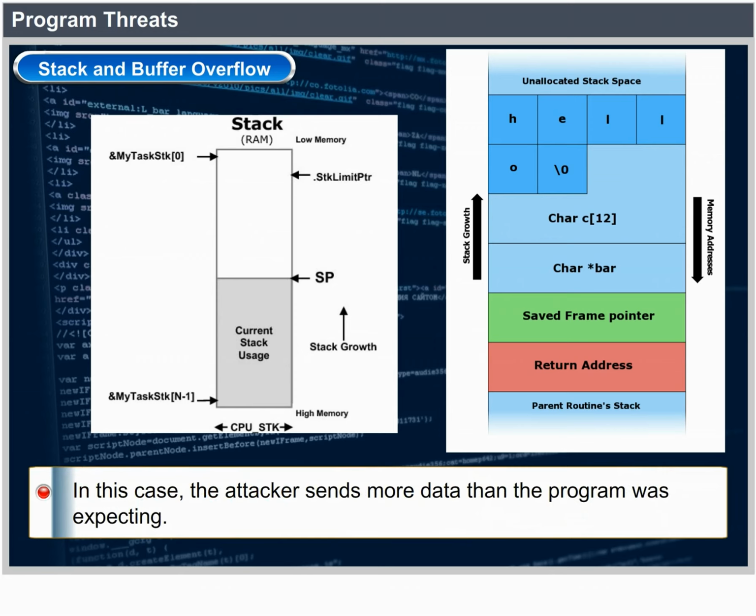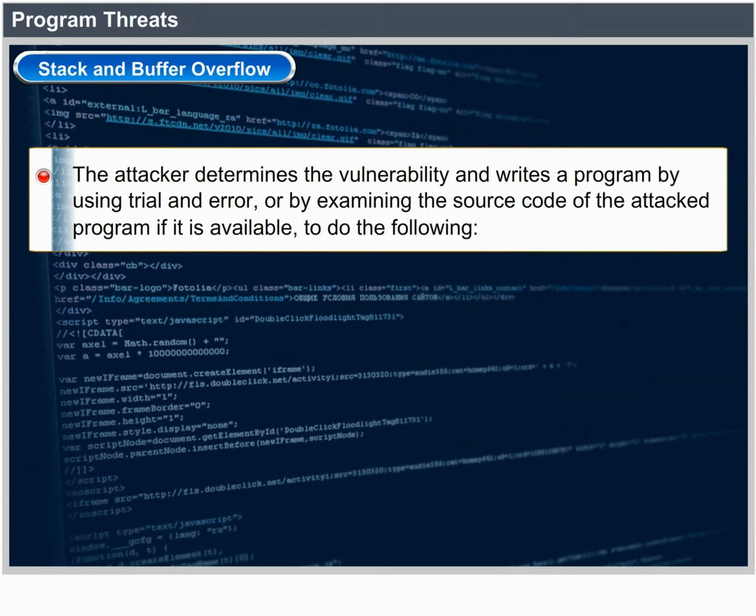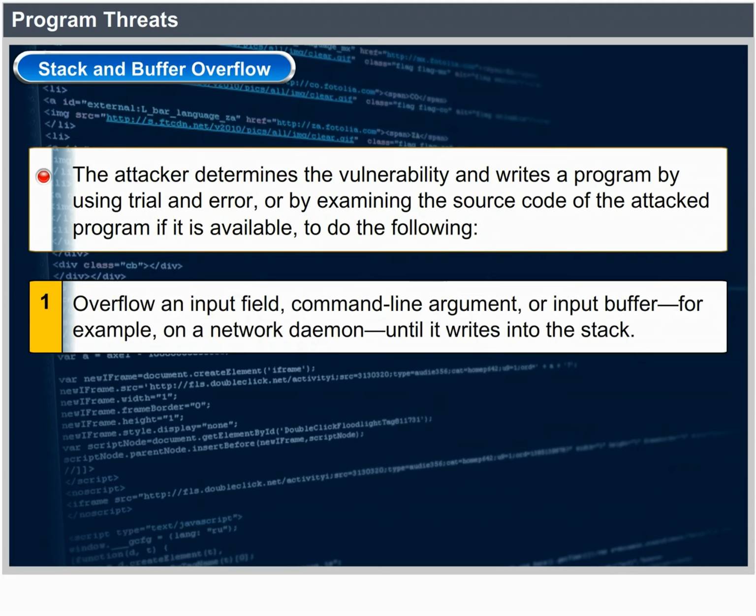By usual trial and error or by examining the source code of the attacked program if it is available, the attacker determines the vulnerability and writes a program to do the following: First, overflow an input field, command line argument, or input buffer, for example, on a network daemon until it writes into the stack.